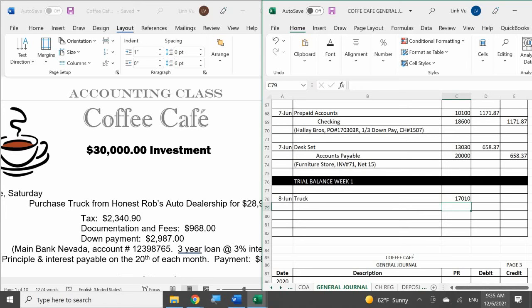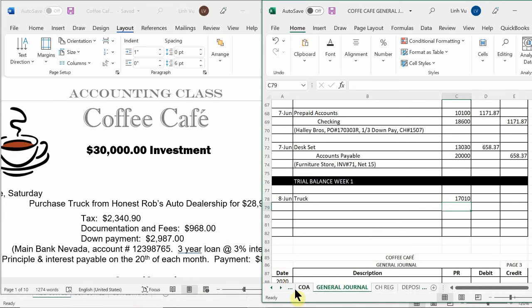What else do I need to recognize when I'm journalizing this? Accounts payable. Not accounts payable. It is a liability, but how did we obtain this liability? What did we get instead of an accounts payable? A loan. We got a loan.